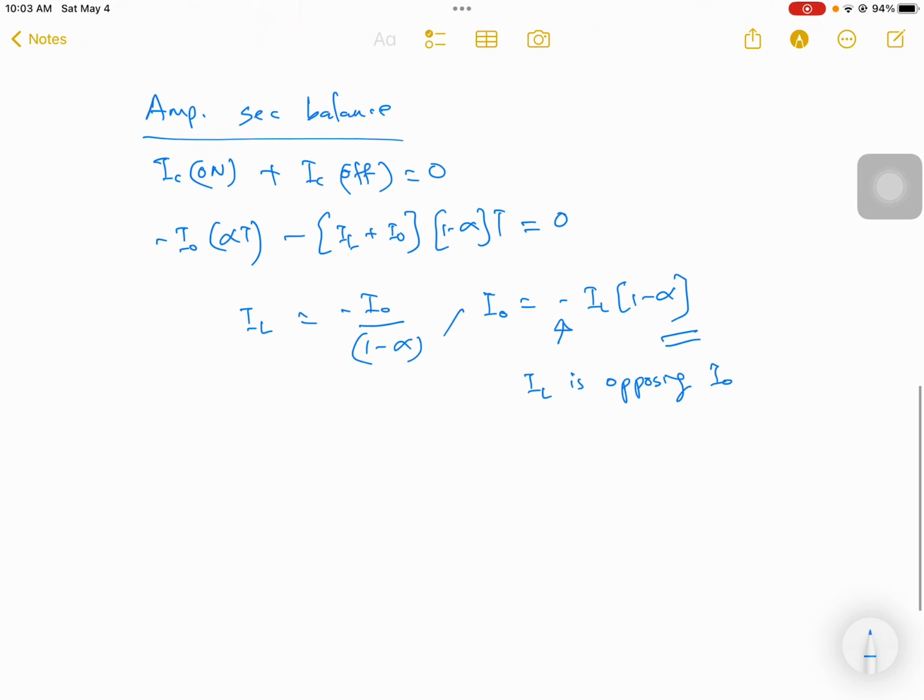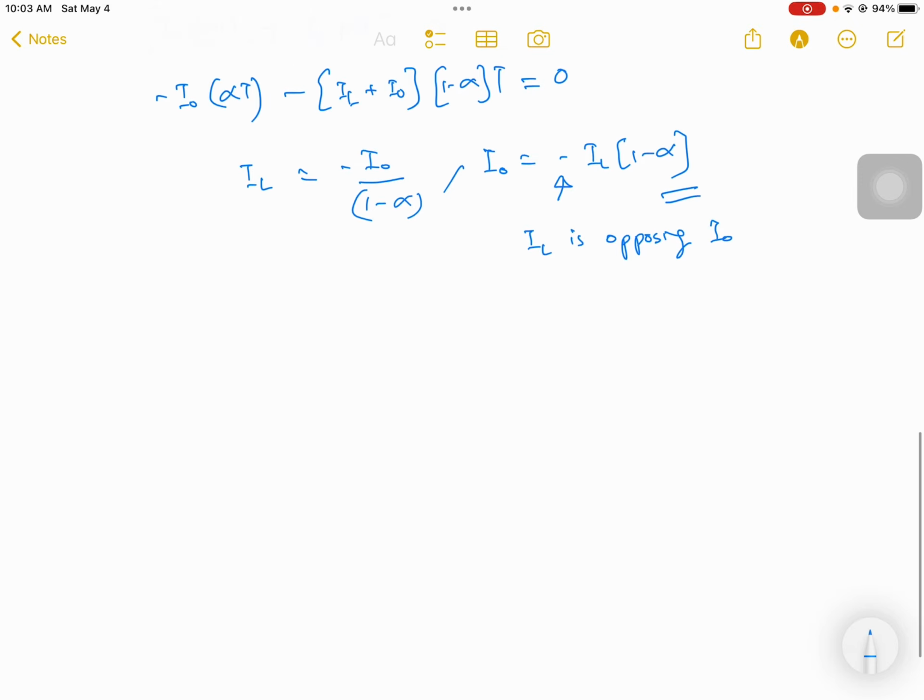And another important parameter that we have to calculate in the buck boost regulator is the ripple inductor current.